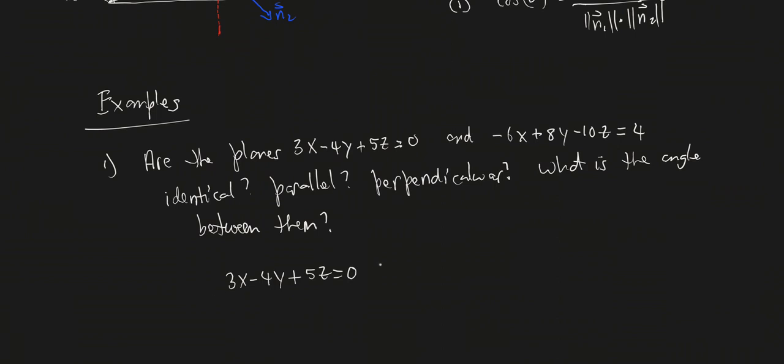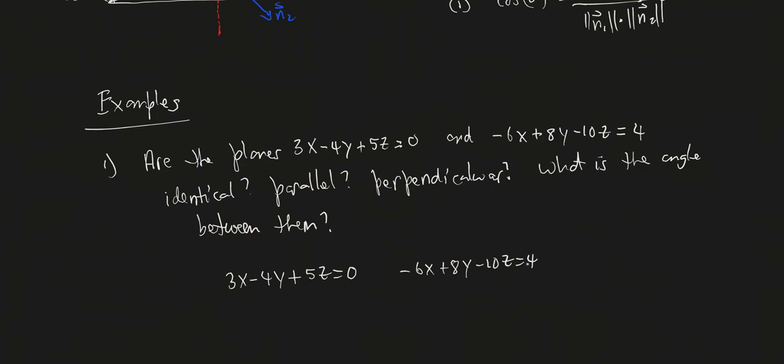When you look at this, it's written not in point-normal form, but in the standard form, where you have all your variables on one side and your constant on the other. This one is written in that form as well. But if you look closely, it seems as if the coefficients of this plane, so let's write it beside it, negative 6x plus 8y minus 10z is equal to 4, are all multiples of 2.